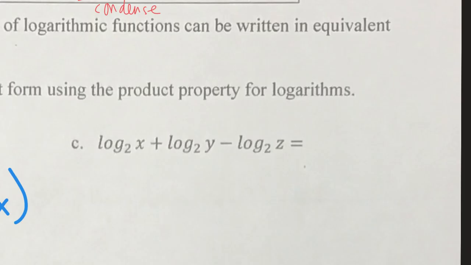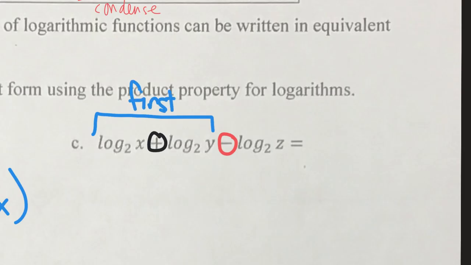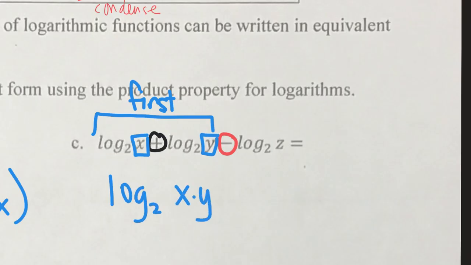We have two operations here: addition and subtraction. So what do we do first? First, we change our addition into multiplication. We're going to do the product property first. So we're going to multiply our two arguments together, which are x and y. So log base 2 of x times y, minus log base 2 of z.